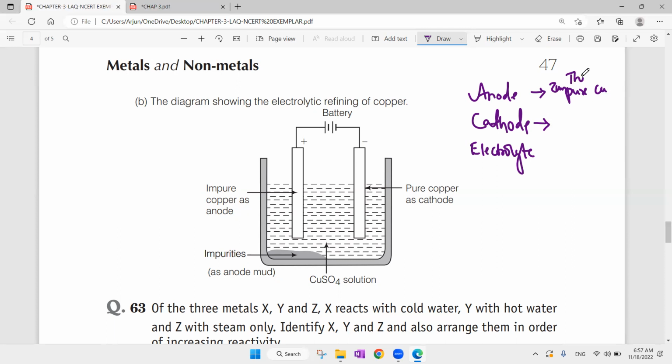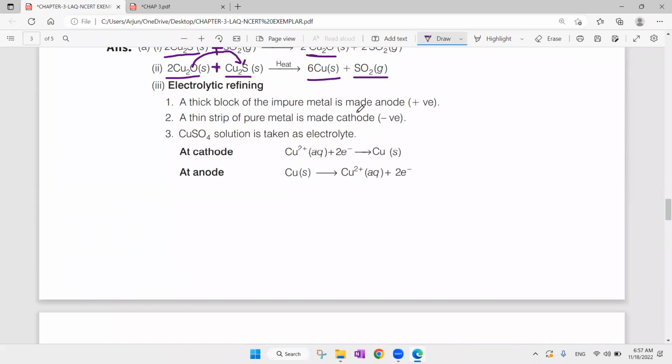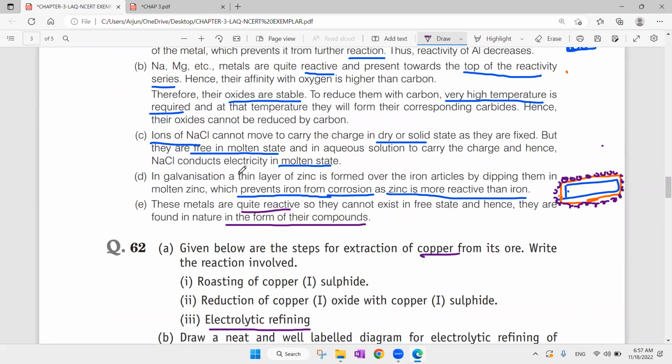At the cathode, a very thin strip of pure copper. The electrolyte is any salt of copper. A thick block of impure metal at anode, a thin strip of pure metal at cathode, and copper sulfate solution taken as electrolyte.